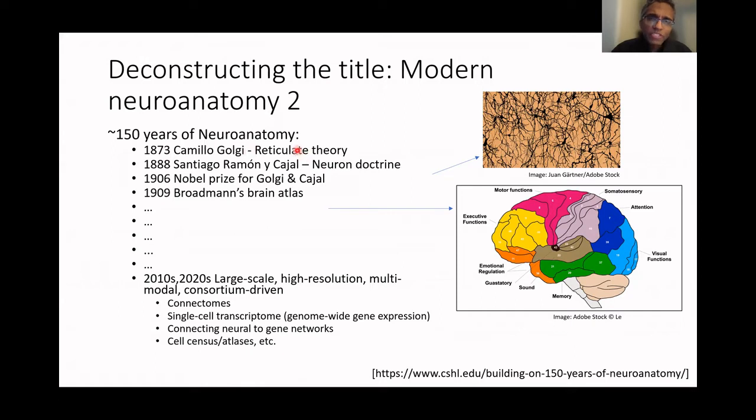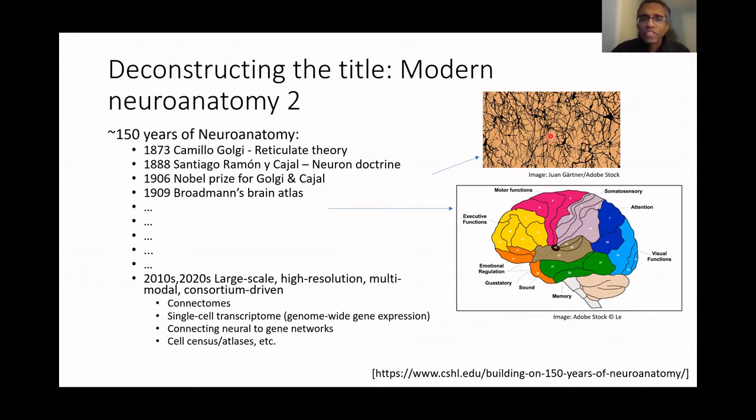Golgi was proposing a reticular theory, where he said the brain was one continuous mass. All the neurons are not individual units, but the brain as a whole is one continuous interconnected mass. Cajal took a closer look at the stains and made several beautiful diagrams, and said that there are small gaps between these connections, which supports individual neurons.